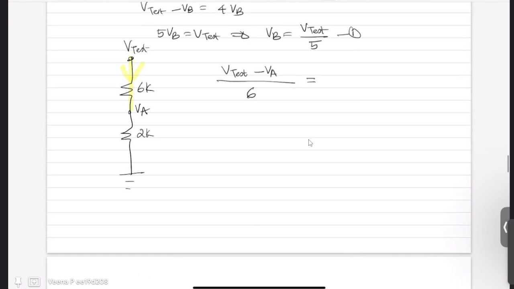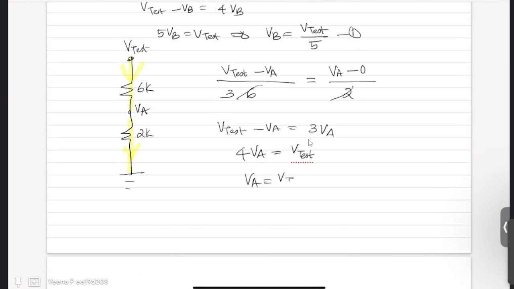It is the same as the current from VA to ground, which is (VA minus 0) by 2. So this becomes V test minus VA is equal to 3 times VA, or 4 VA is equal to V test, or your VA is V test by 4. This is equation number 2.